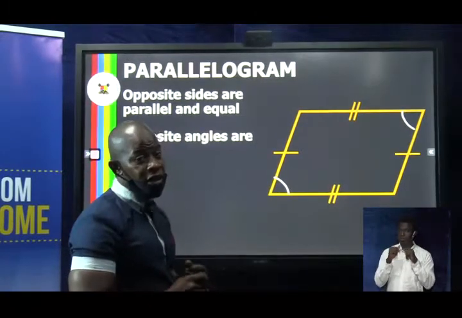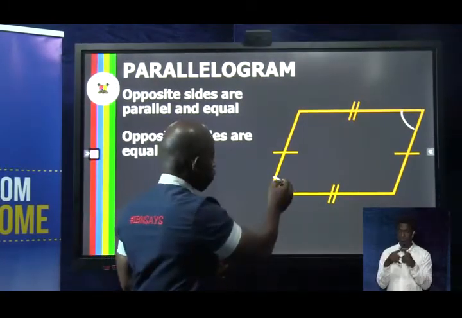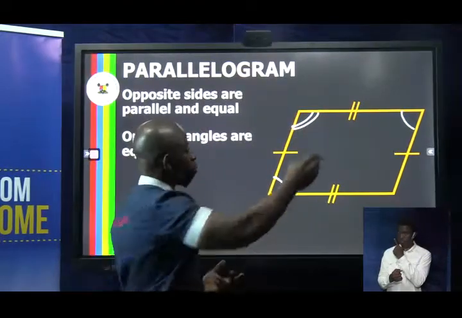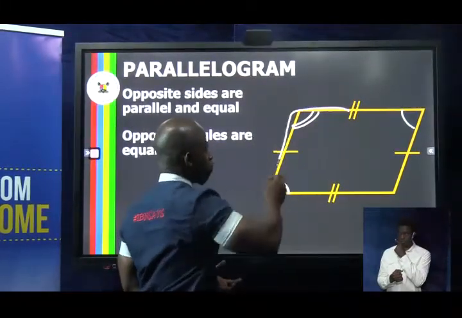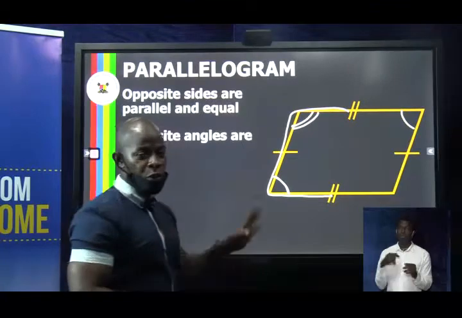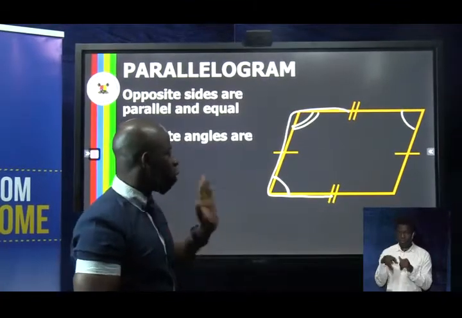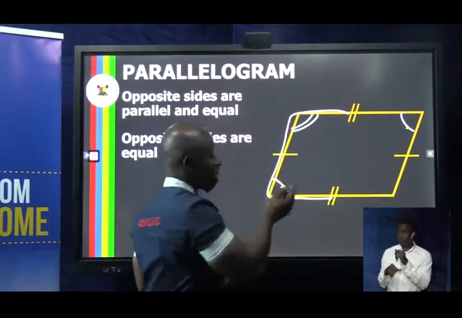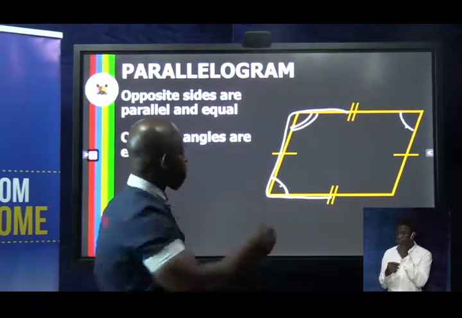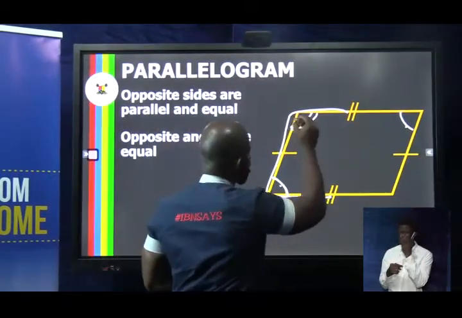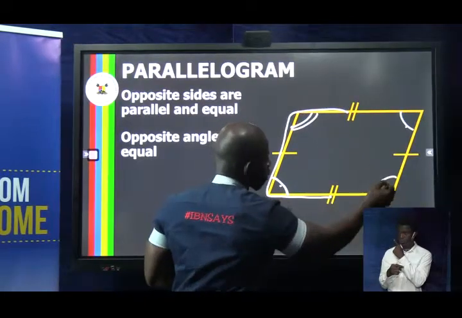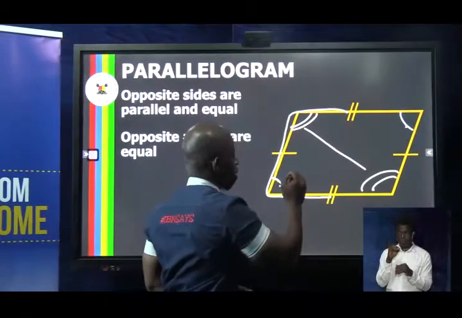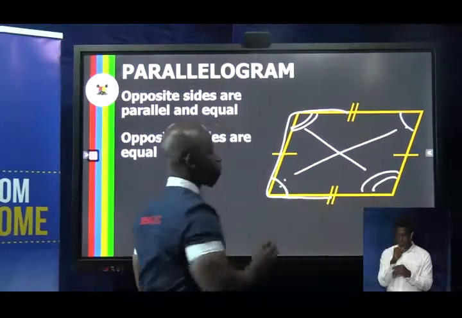If we were talking about interior opposite, then it would be this one and this one. You remember interior opposite angles, where you identify that with a U. But we're not talking about interior opposite, just opposite. So this angle is equal to this angle, and as you can see, they are less than 90. They are acute. This one is greater than 90, and this one is also greater than 90. They are obtuse. So this is equal to this, and this is equal to this.